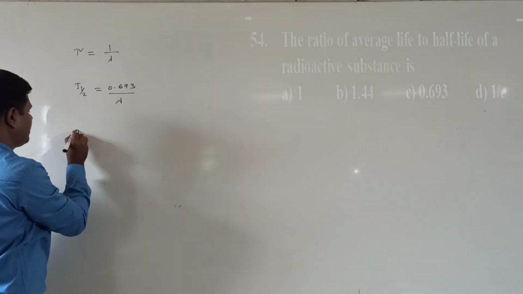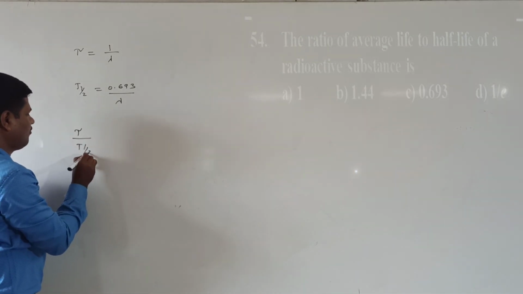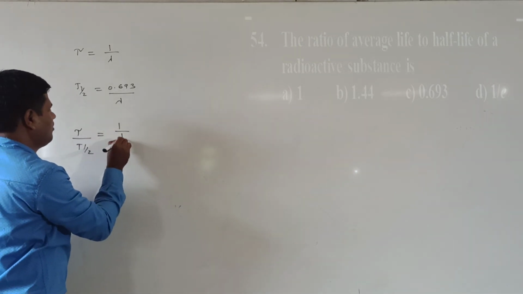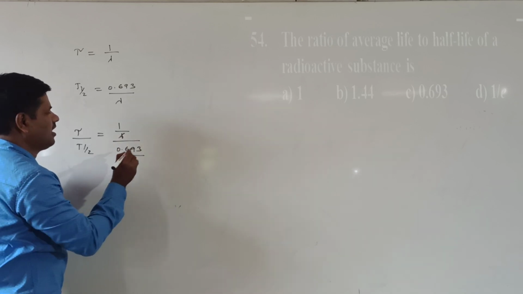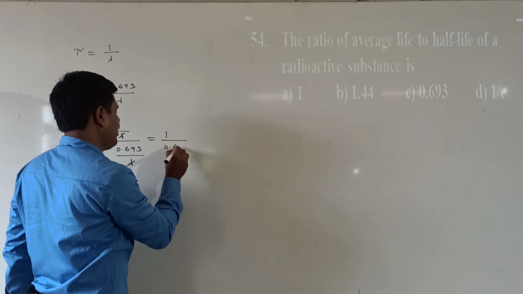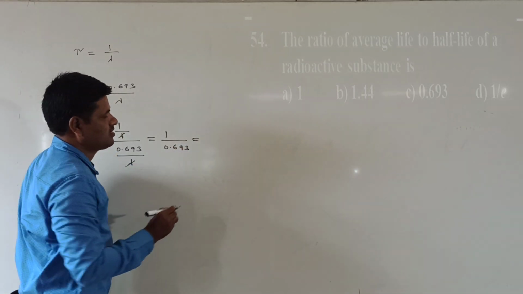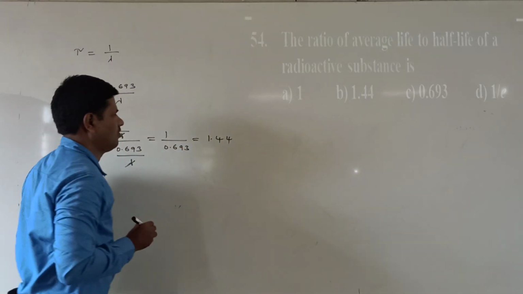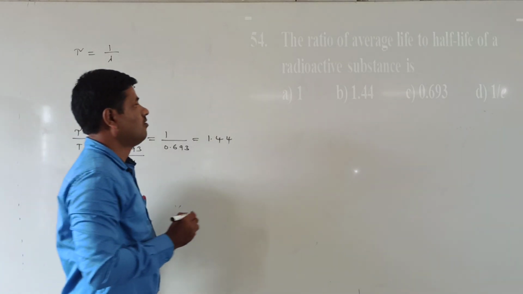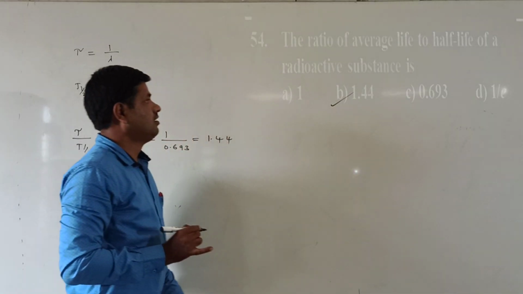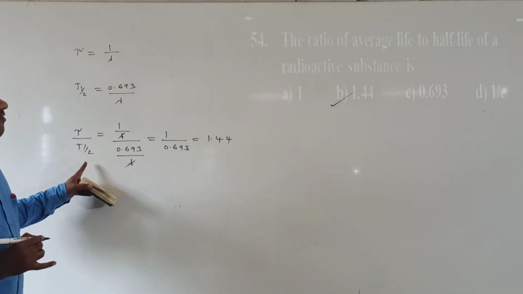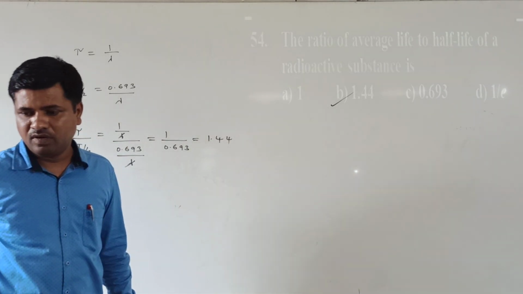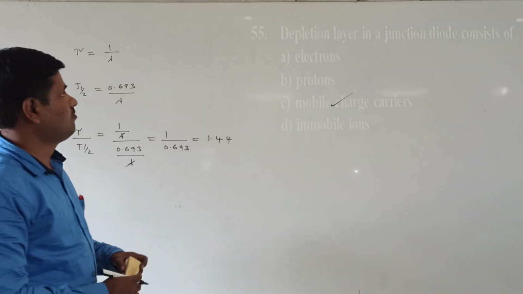Now the ratio tau by T half is 1 by lambda divided by 0.693 by lambda. Lambda cancels, so 1 by 0.693, which is equal to 1.44. This is the ratio between the average life and the half-life. Next we go to question number 55.